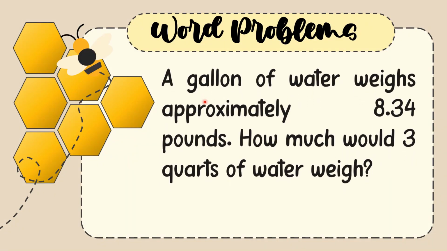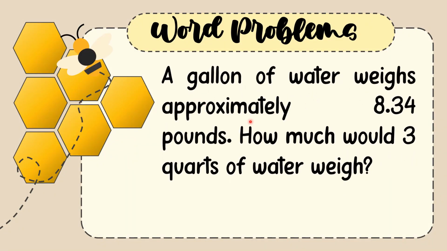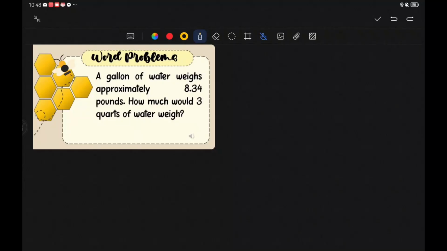The next problem here we have a gallon of water weighs approximately 8.34 pounds. How much would 3 quarts of water weigh? For this problem, we are given a gallon, that is approximately 8.34 pounds.